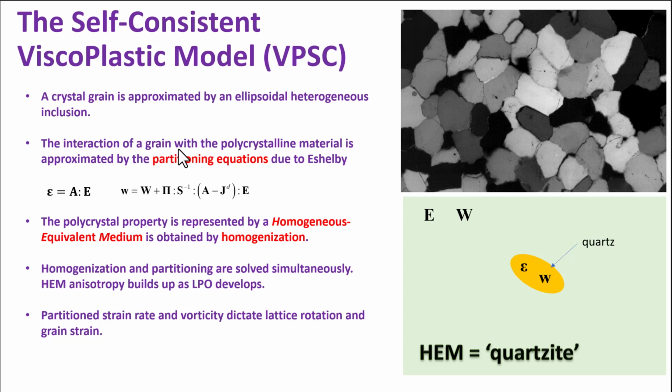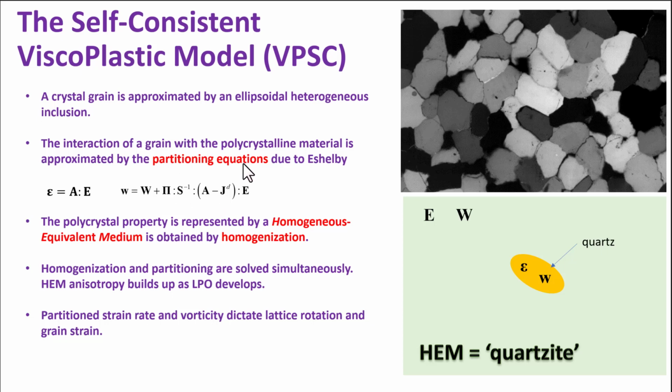The interaction of a grain, a quartz, with the polycrystalline material, quartzite, is approximated by the partitioning equations due to Eshelby's theory. So the strain rate in a quartz grain is related to the overall macroscale deformation in the quartzite by a strain partitioning tensor. The vorticity, which will lead to the lattice rotation of the quartz grain, is related to the overall strain rate and vorticity also by a partitioning equation due to Eshelby.